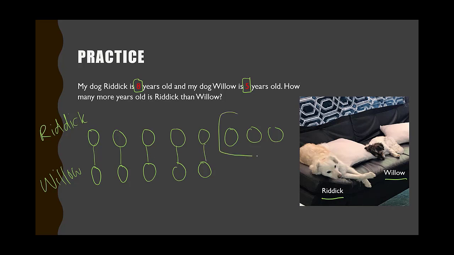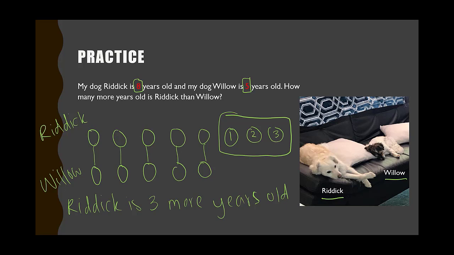Then we have to circle what's left over. And then we're going to count how many. 1, 2, 3. So this tells me that Riddick is 3 more years old.